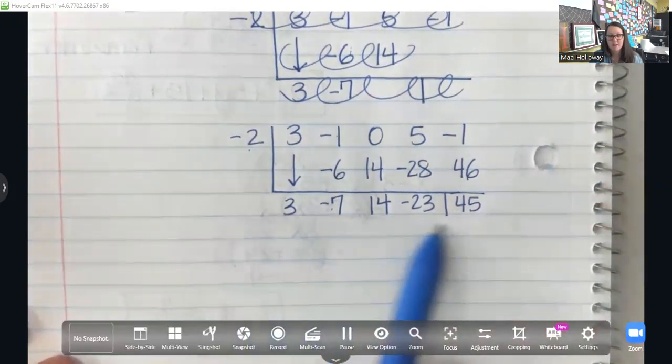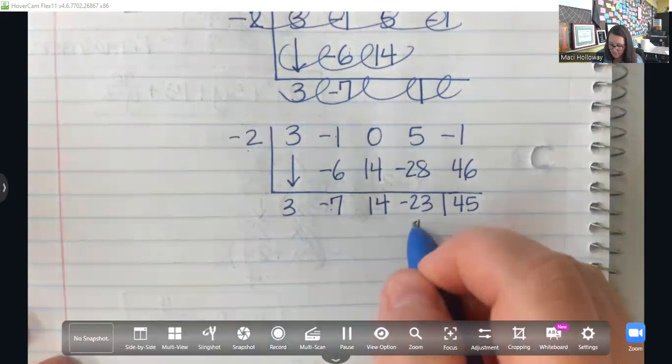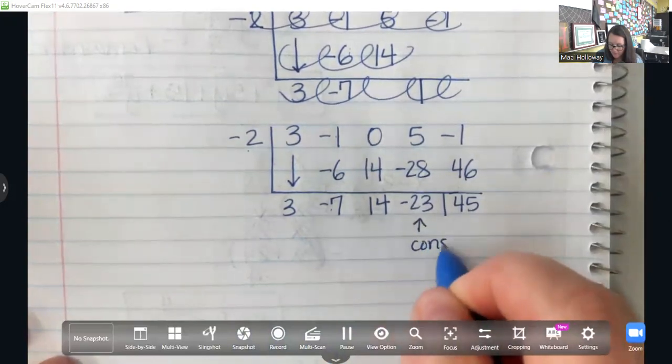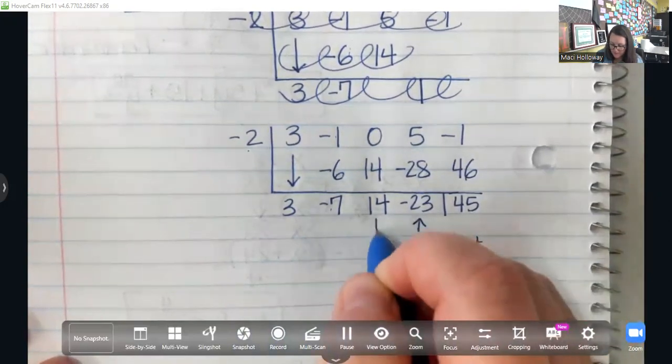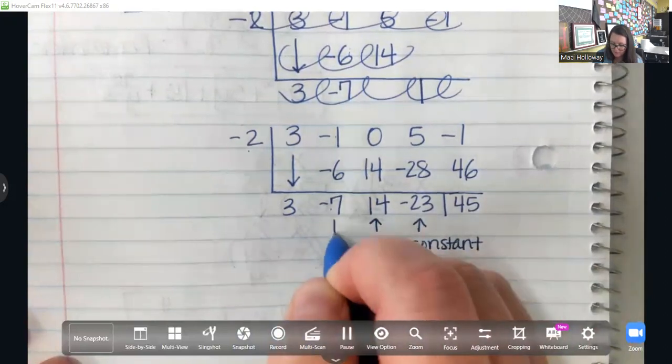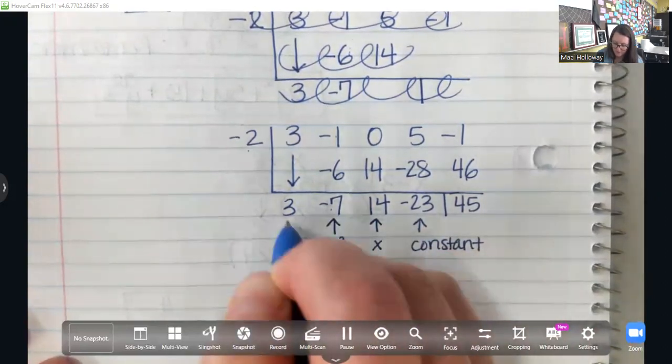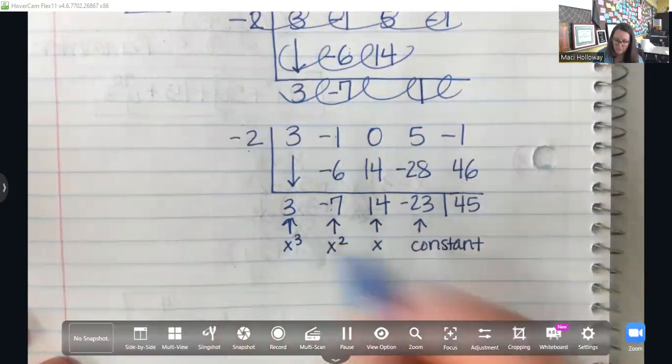So my answer here, this is going to be my constant. This is going to be my x value. This is going to be my x squared and my x cubed.